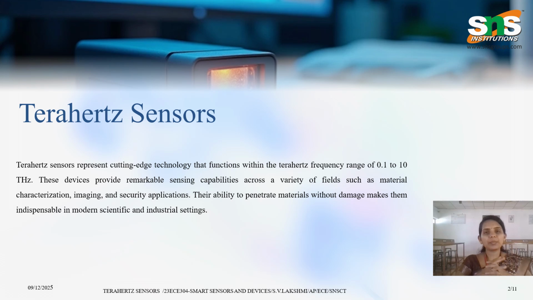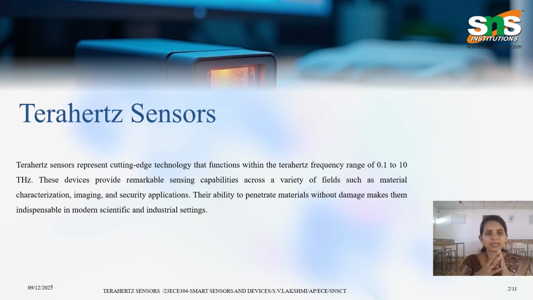So this unique band enables non-contact, non-ionizing and high resolution sensing. This makes the terahertz sensors highly valuable in advanced engineering and research applications.